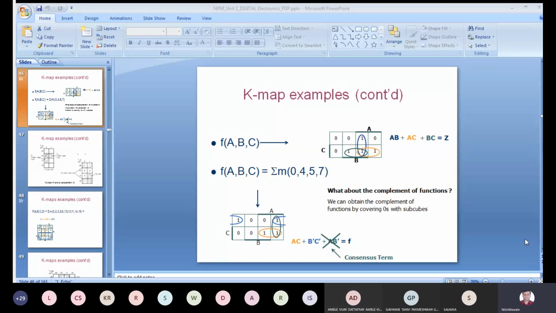Okay, sir. Because see, whatever the problem is, suppose it is pi of M. That problem is related with POS, canonical POS. Canonical POS stands for absent terms, or you can say max terms stand for absent terms. So you enter only 0. Because whenever you enter 1, after entering 1 you may forget whether you are solving POS or SOP.